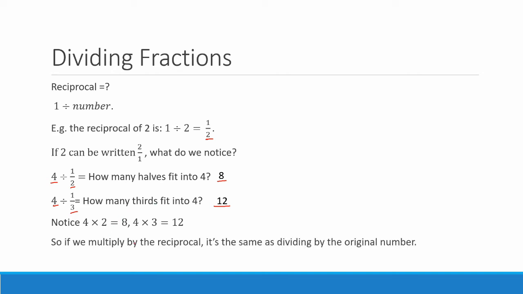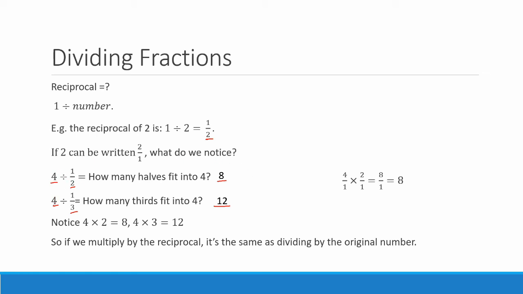So if we were to multiply by the reciprocal, it's the same as dividing by the original number. So now, my 4 could be multiplied by 2 over 1, and that would give me the answer 8 over 1, and the final answer, of course, of 8. And that is the exact same answer as dividing by 1/2.